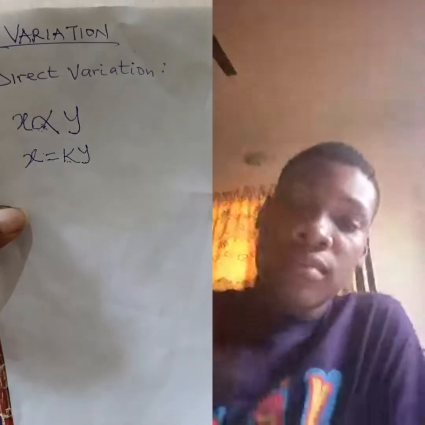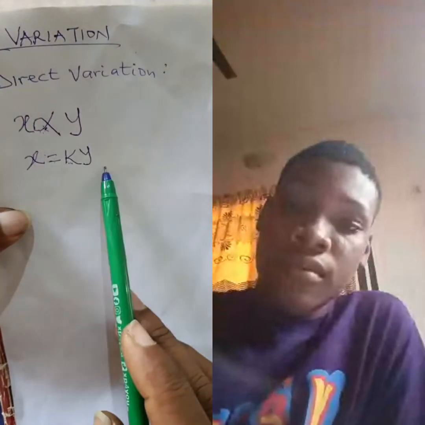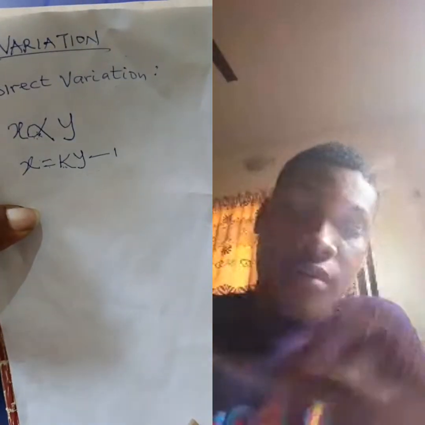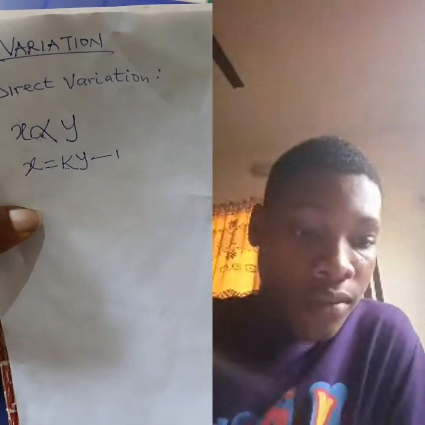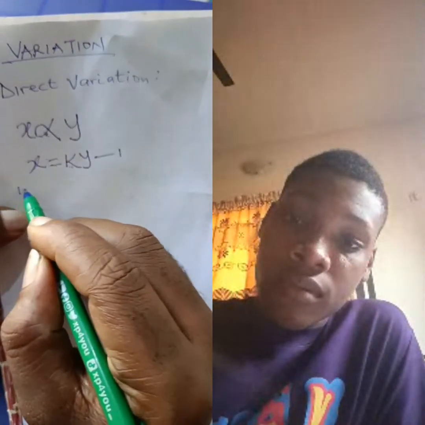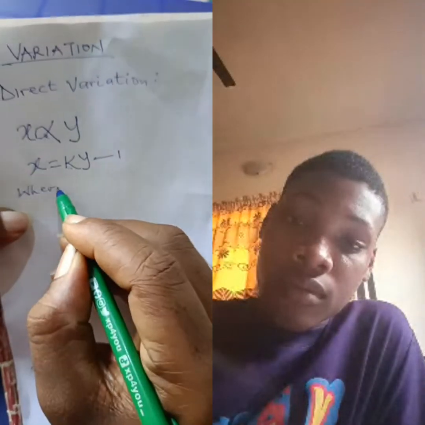Good. Now, whenever you are given a question in variation, let's call this equation 1, very important. Where K, let me define the meaning of K for you.